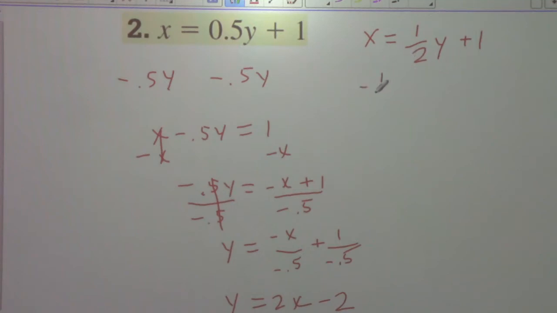We'd have negative 1/2 y, and we subtracted the x. So we're going to get negative 1/2 y equals negative x plus 1.